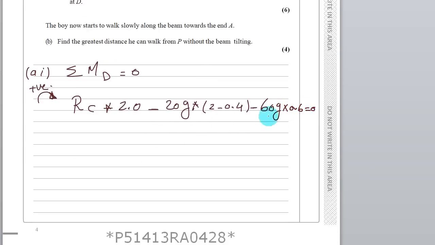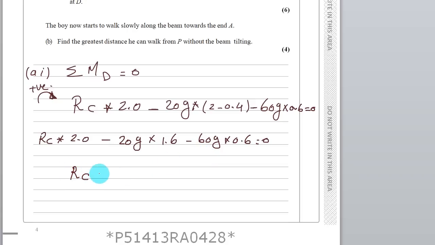All of that is equal to 0. So RC multiplied by 2 minus 20g multiplied by 1.6 minus 60g multiplied by 0.6 is equal to 0.